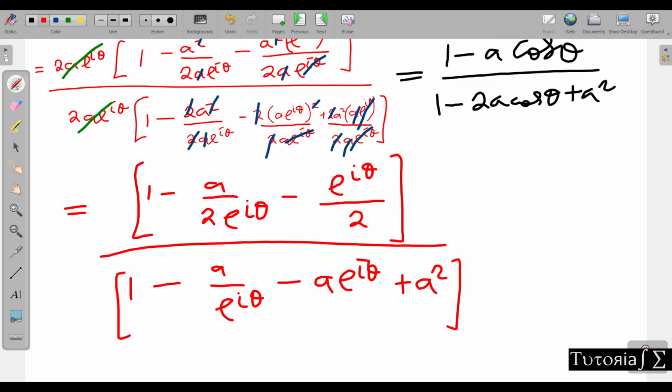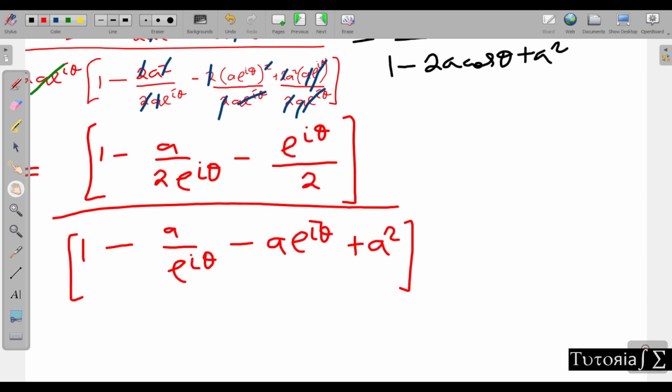Okay. Now from here you see that you can bring this on top by introducing a negative, and bring this on top by introducing a negative, and we can factor out a negative on top. So we have 1, factor out the negative.